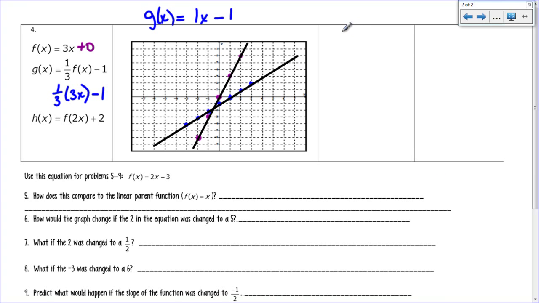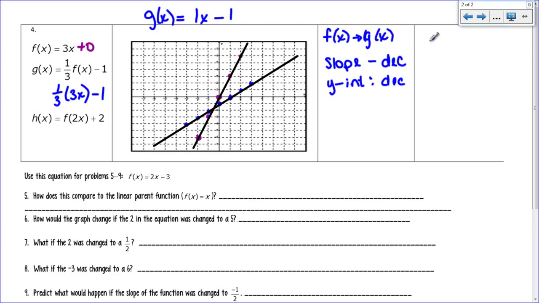So let's talk about what happened between those two. So from f of x to g of x, the things that were changing were the slope. It went from 3x to eventually 1x, so it decreased. And I also changed my y-intercept and went from 0 to -1, so the y-intercept also decreased.